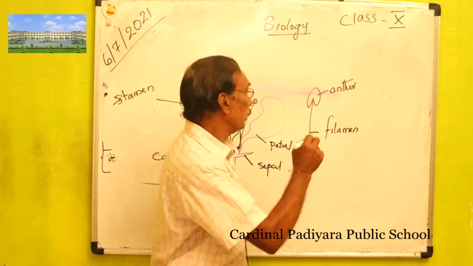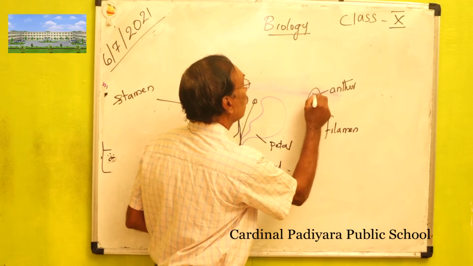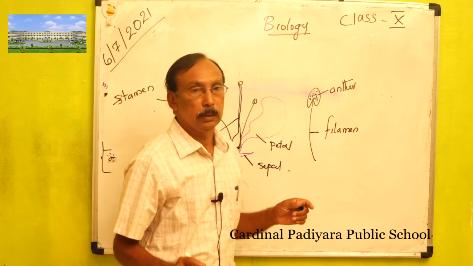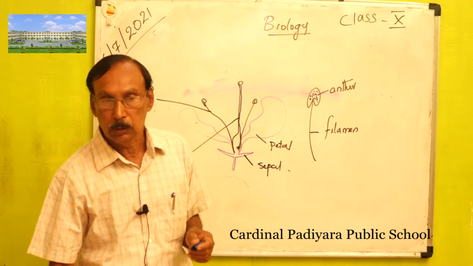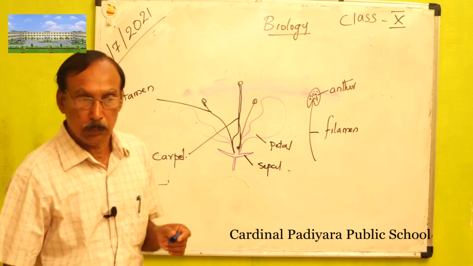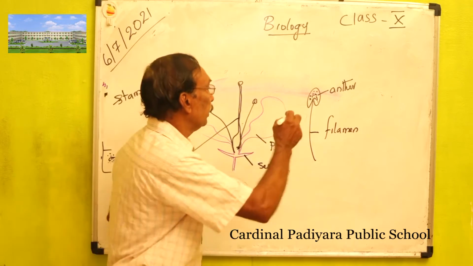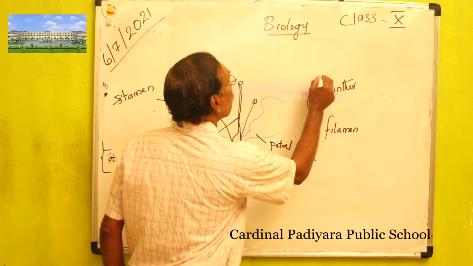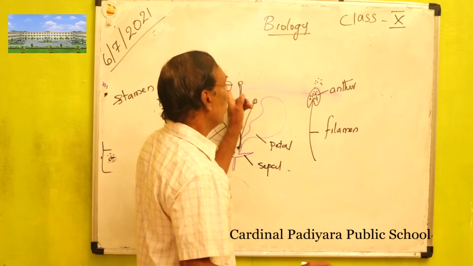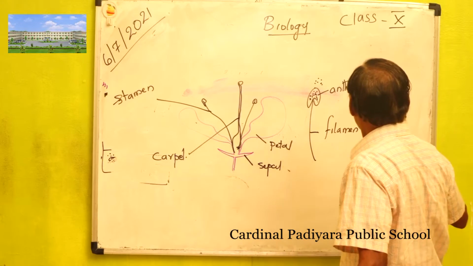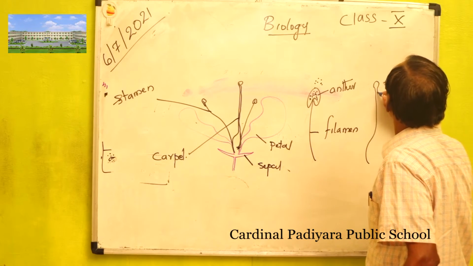Inside the anther, pollen grains are produced, and this is the male reproductive part of the flower. When the pollen grains are released, they will go to the female reproductive part, called the carpel. The carpel is made up of three parts.